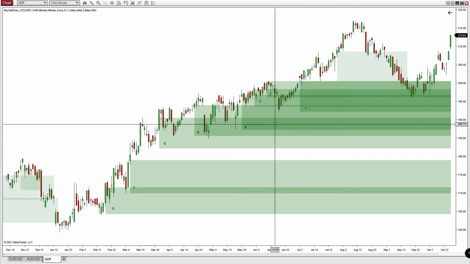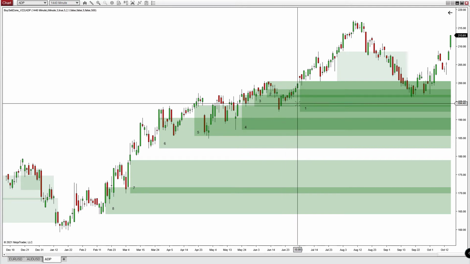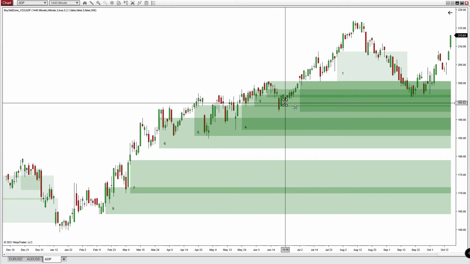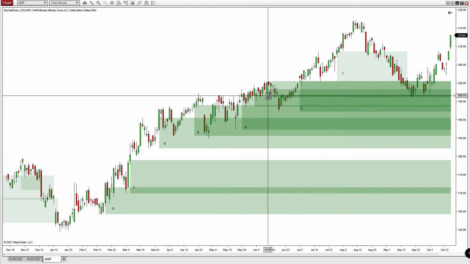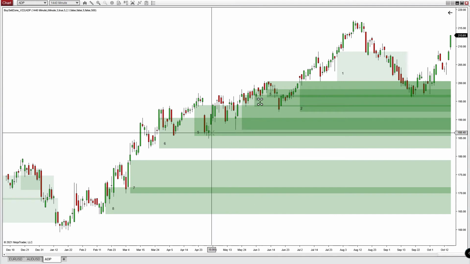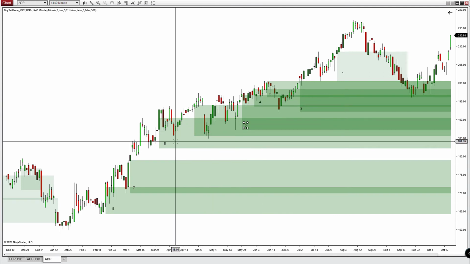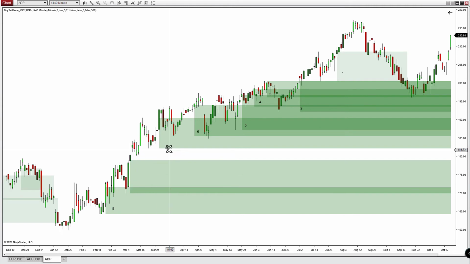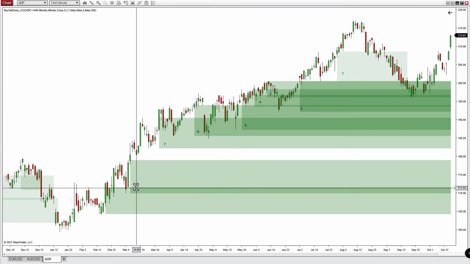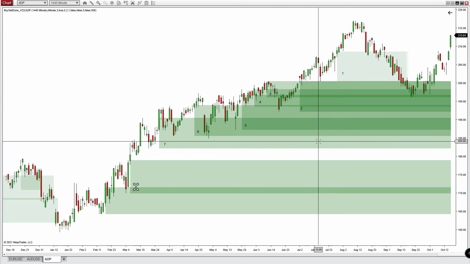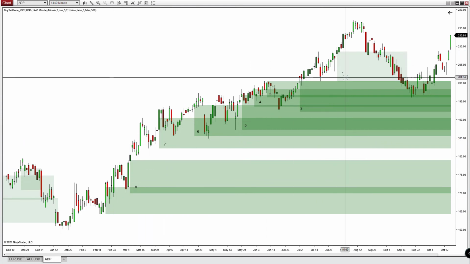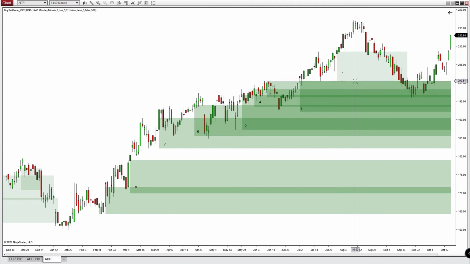All right, one more zone, and then you'll get an idea of kind of how this all works. 1, 2, 3, 4, 5, 6, 7, and 8. All right, now check this out. So we have, I'm not going to worry about the bottom zone. So we have 8 zones in this row.